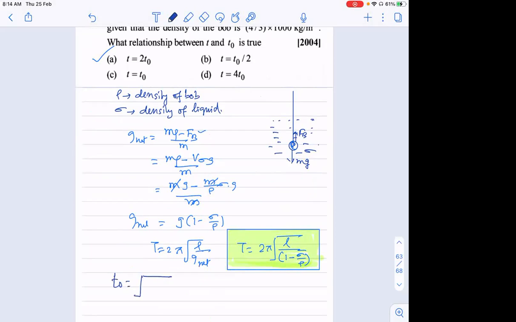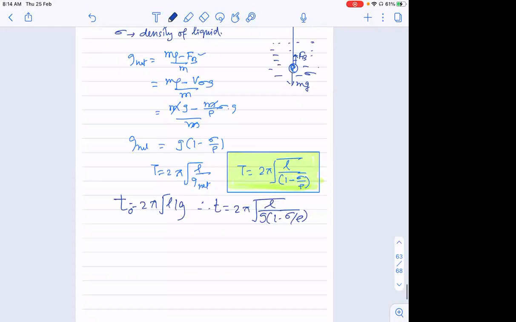Air में we will have the relation 2 pi under root of L by G, और water में T is equal to 2 pi under root of L by G (1 minus sigma by rho). यहाँ पर देखो, if you see carefully, 2 pi under root L by G is nothing but T naught. It comes like this.